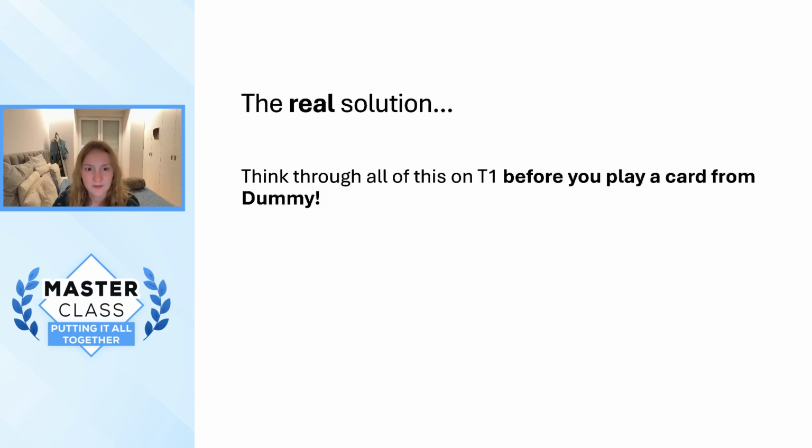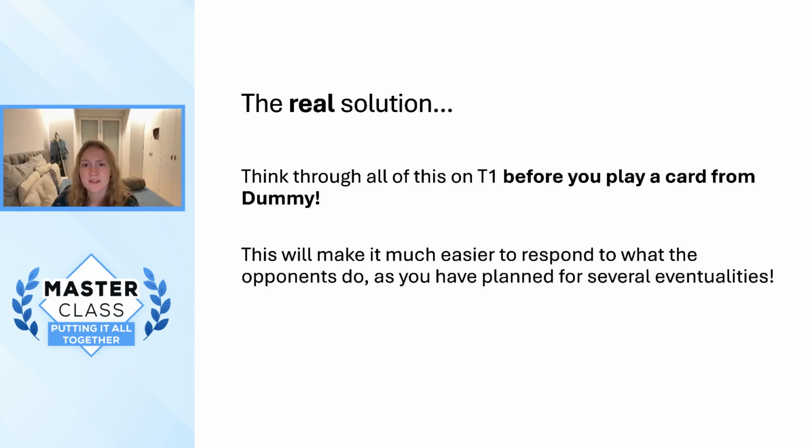You should think about all of this on trick 1 before you play a card from the dummy. And you'll notice we haven't done any of this playing yet. We've considered all the possibilities at this stage, but we don't exactly know what's going to happen. The reason we do this is because it makes it a lot easier to respond if the opponents do something you don't expect, because you've already thought about the problems that might occur in different situations.